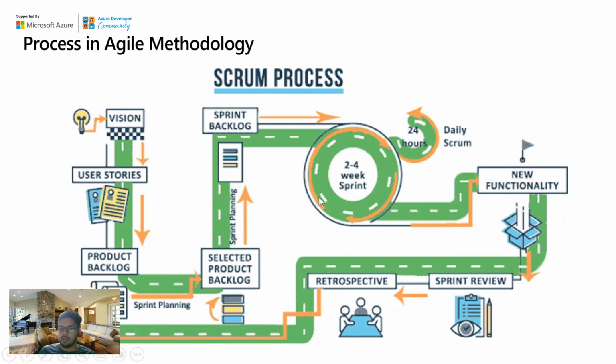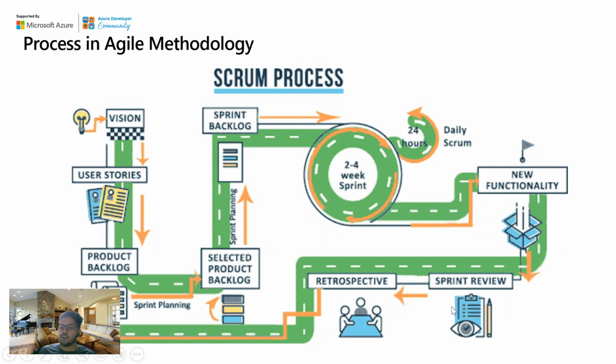And at the end of this particular sprint, a new functionality, let's say a login functionality, has been developed. Then we have a sprint review, where everything is cross verified, whether whatever was discussed in the sprint backlog has been achieved or not.